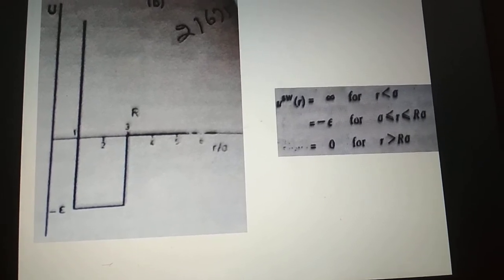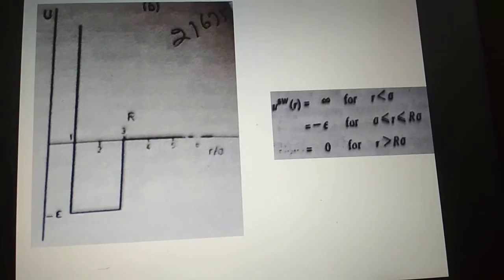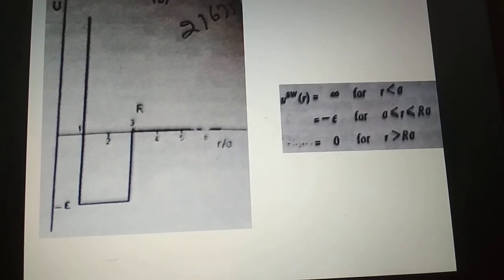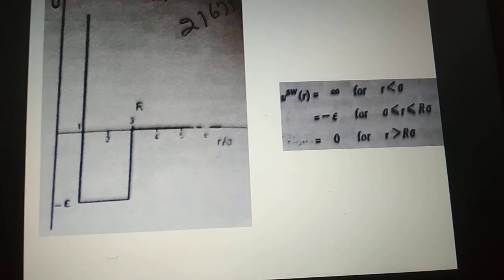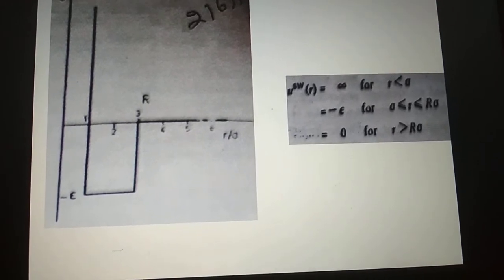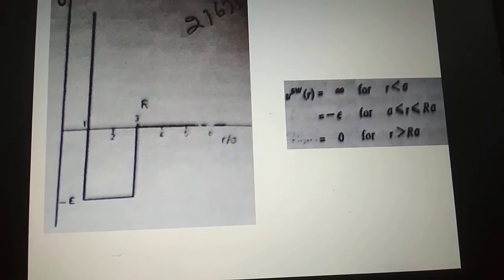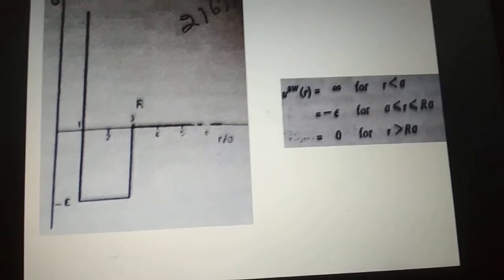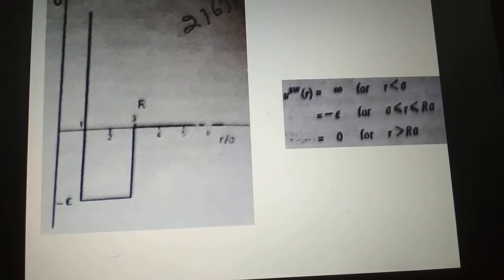In this figure, R is equal to 3. Although the square well potential can reproduce roughly the macroscopic properties of a liquid, no physical picture of a model with this behavior can be set up.